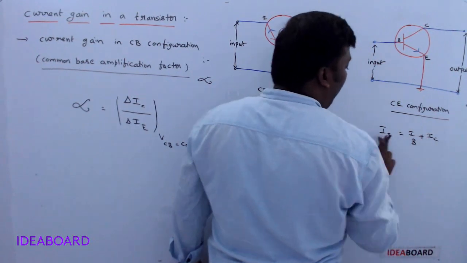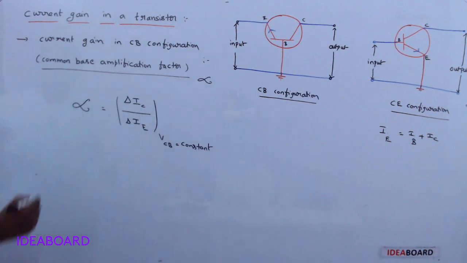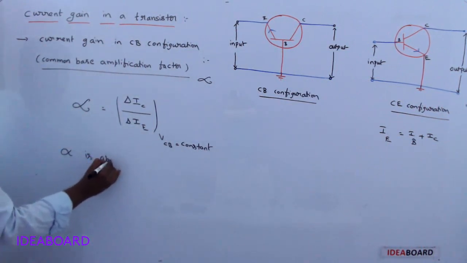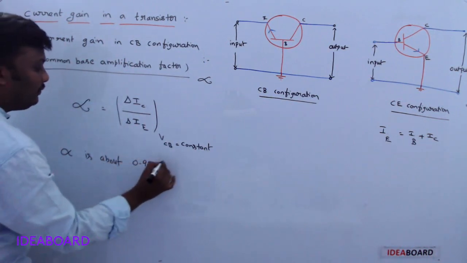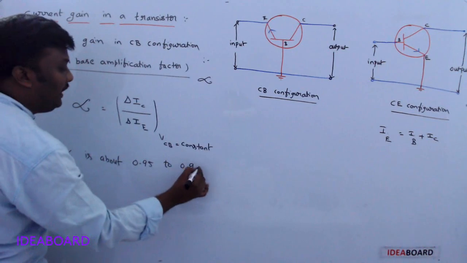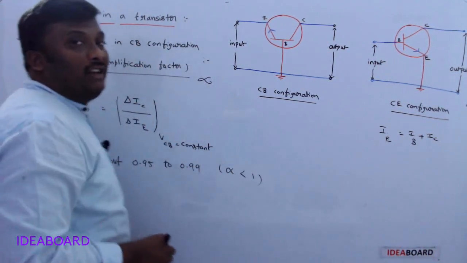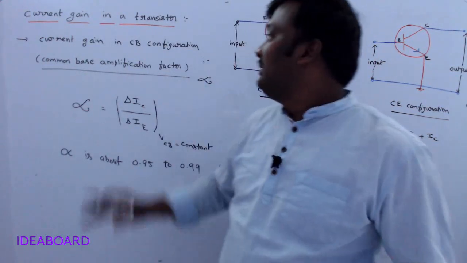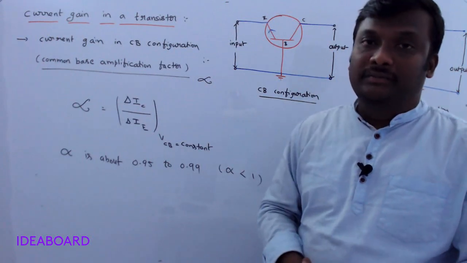Whenever IE value is more, denominator is more. That's why alpha value is about 0.95 to 0.99. So alpha value is always lesser than 1.